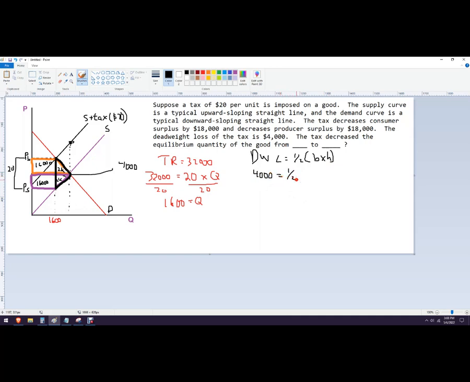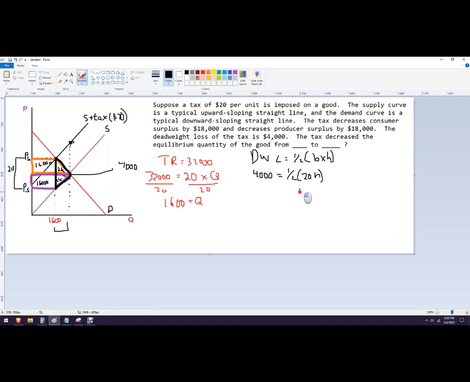This is 1/2. Okay, and so this is 20 because we're marking up the price by 20. And then what we don't know is the change right here. Like I call that H, right? So H is the change between here and here. It's not the total value, but it's the change between here and here.